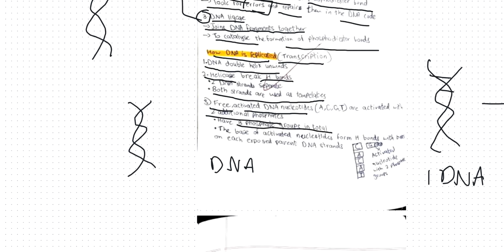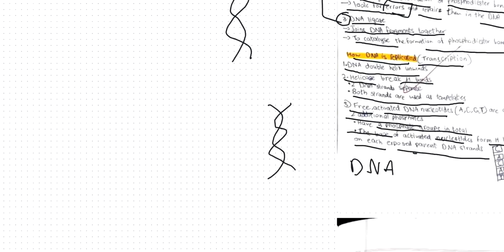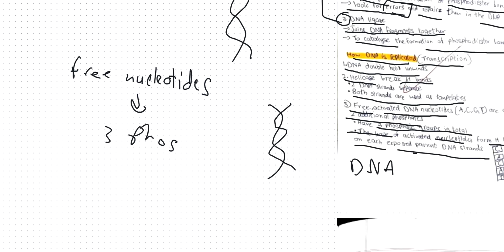The base of activated nucleotides form hydrogen bonds with the base on each exposed parental DNA strand. Remember, the free nucleotides in the cytoplasm and nucleus have three phosphate groups, but the DNA strand only has one phosphate group.